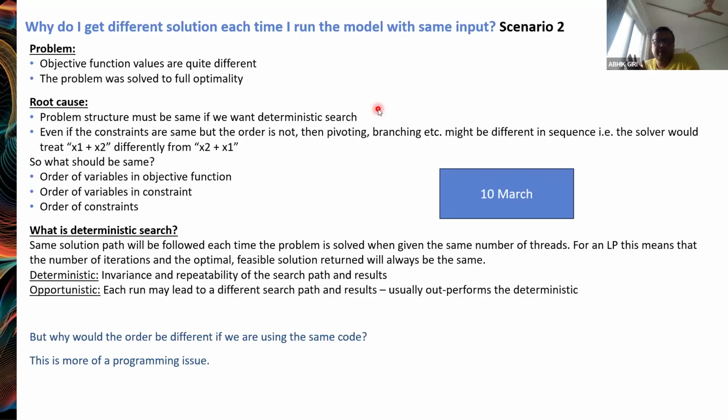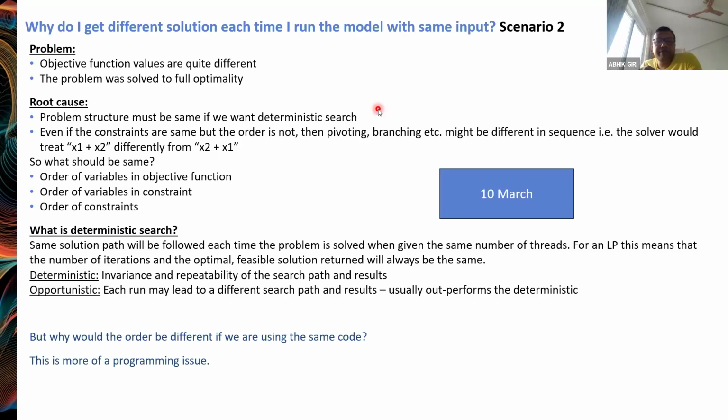Sometimes if the order of constraints, or the order of variables in a constraint or in the objective function varies, mathematically they're equivalent, but the solver would consider them as different. The sequence of pivoting, branching, etc. will be different, so we might end up with different solutions.